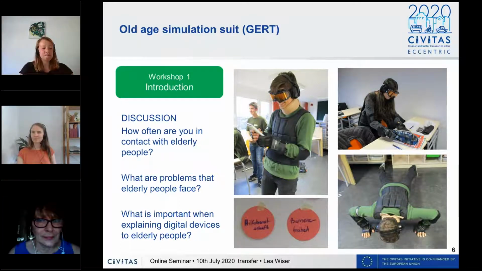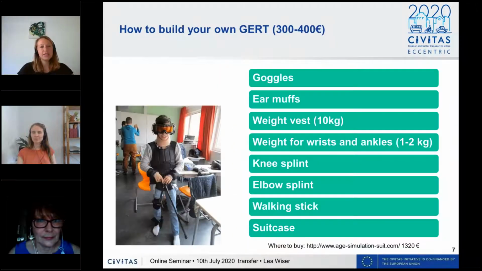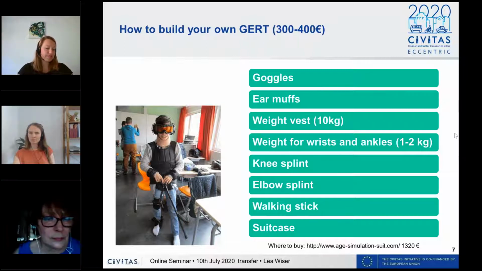Yeah, so we use an old age simulation suit to deepen the understanding of how old people sometimes feel. And there are different components, which I will explain now. So we have some goggles to simulate poor vision.